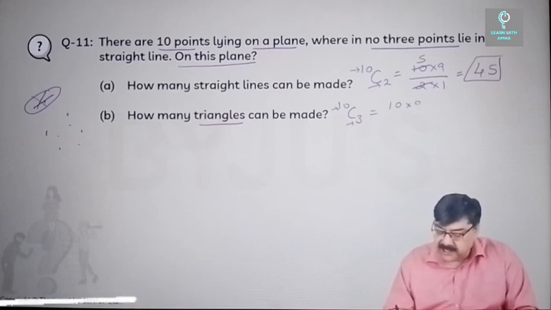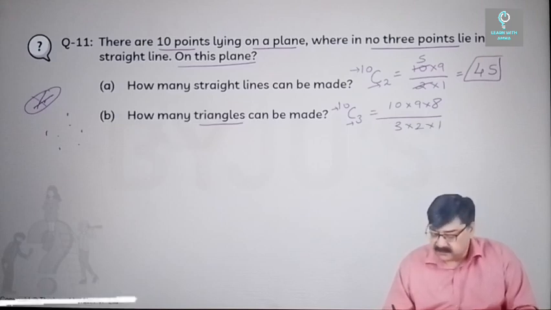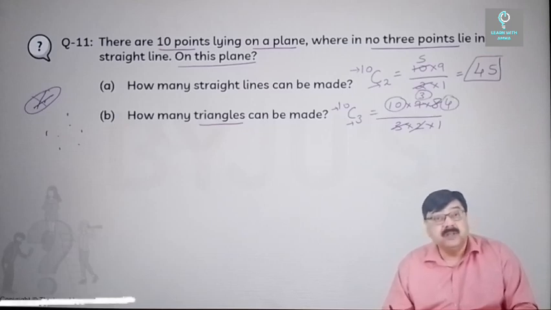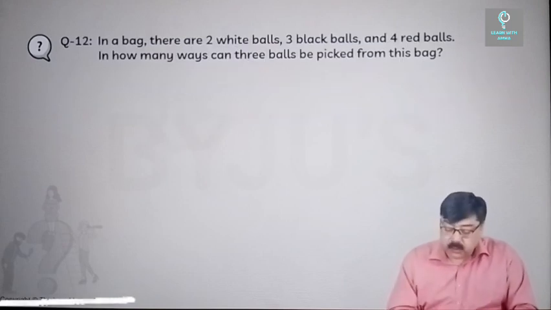So 10 into 9 into 8 by 3 into 2 into 1, because 7 factorial will anyhow get cancelled. So 2 cancels 8 by 4. 3 cancels 9 by 3. So 10 into 3 into 4. 3 4s are 12 into 10. That is 120 triangles.